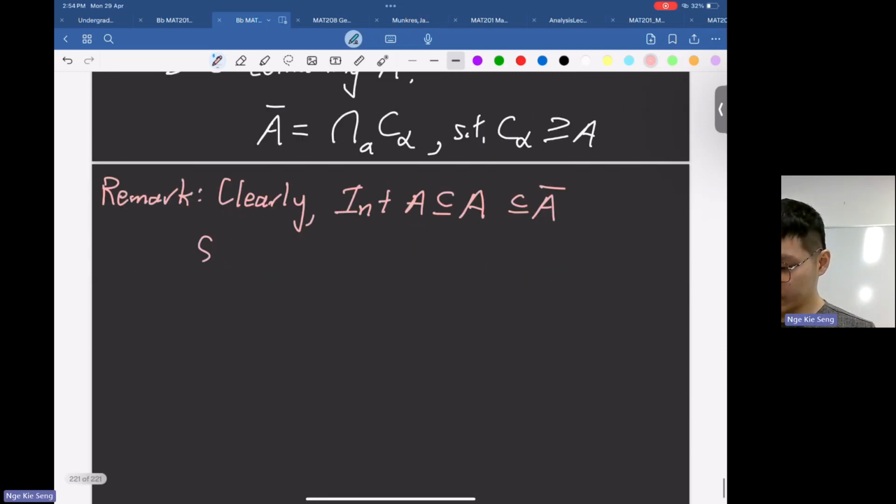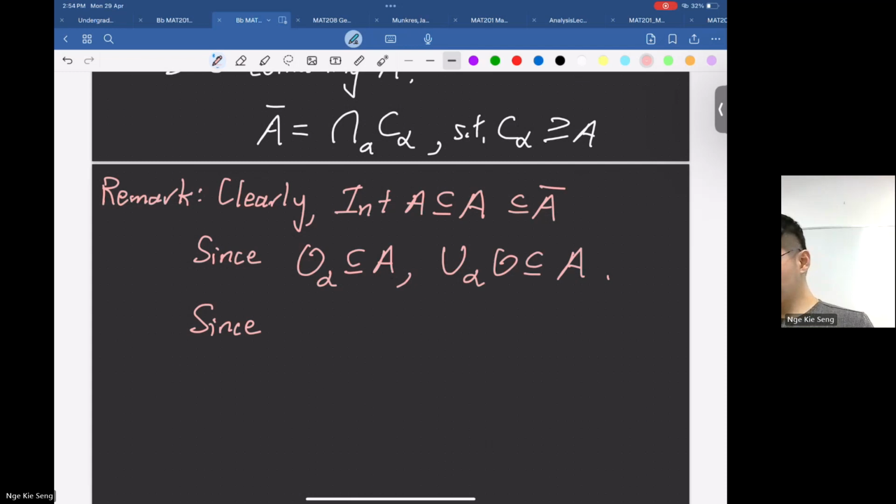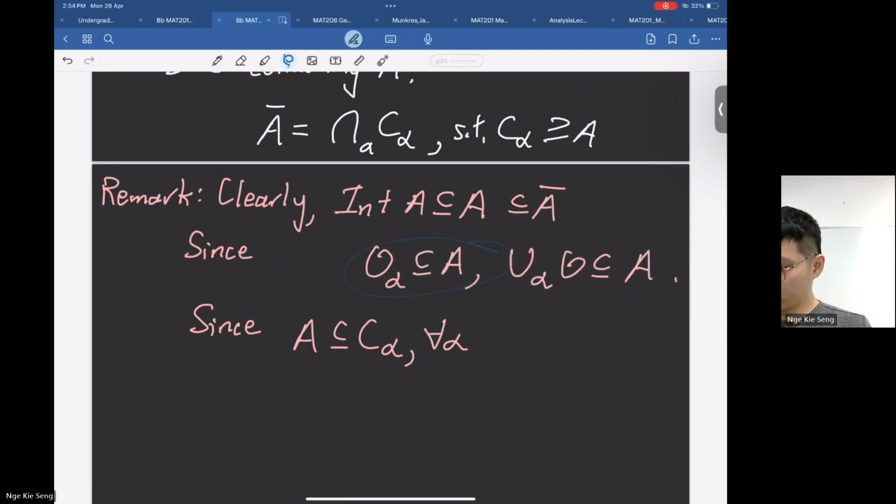Since all the O alpha live in A, the union of all O alpha should live in A as well. And since A lives in all the C alpha, this is true for all alpha.